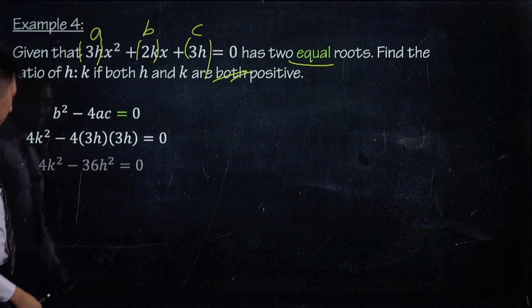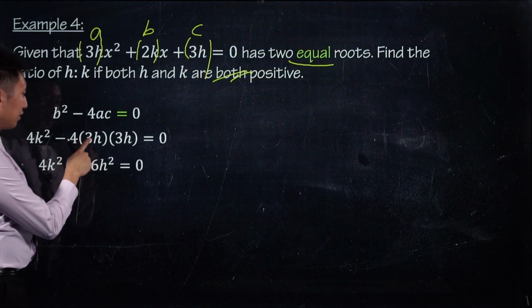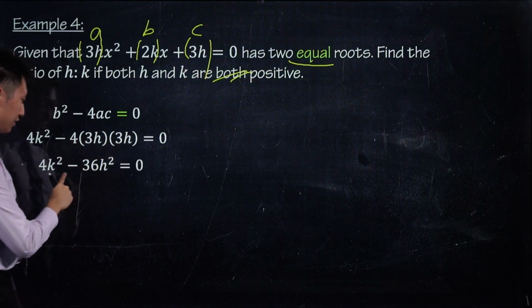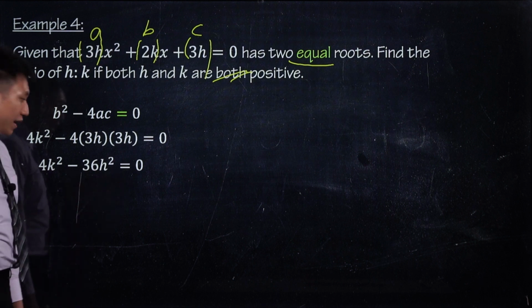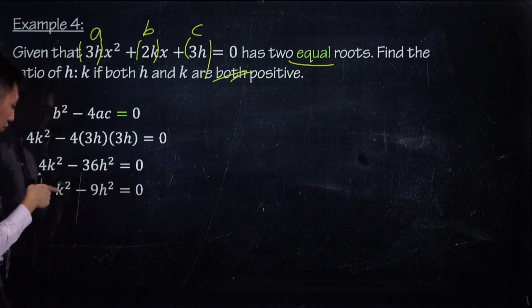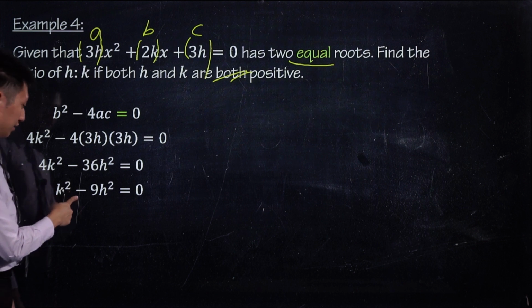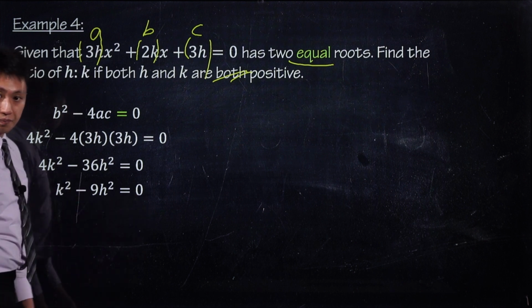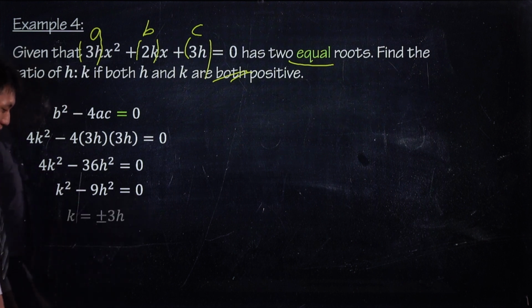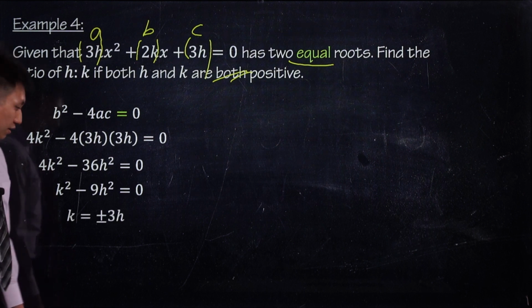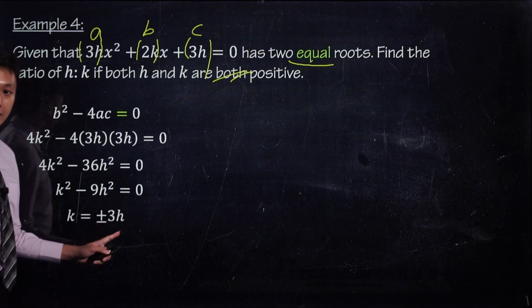So you get 4k squared minus 3 times 3, 9 times 4, 36. So it's minus 36h squared. So you got equals 0. So k squared minus 9h squared is equal to 0. Simplify a bit, then you'll be able to get the answer. k is equal to positive or negative 3h.